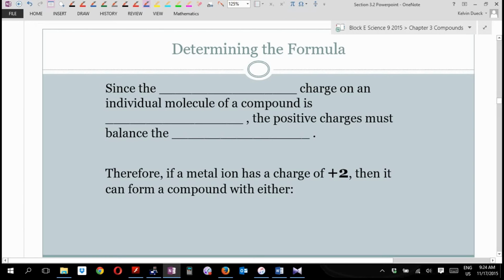Determining the formula. Do I have this in your notes? Yes, I do. Since the overall charge on an individual molecule of a compound is 0, the positive charges must balance the negative.